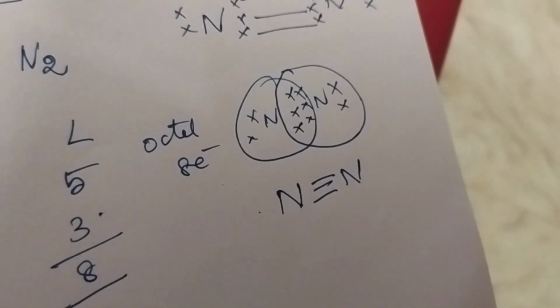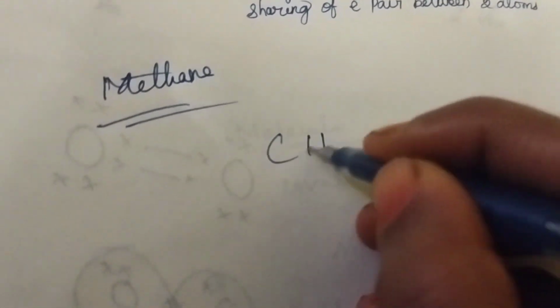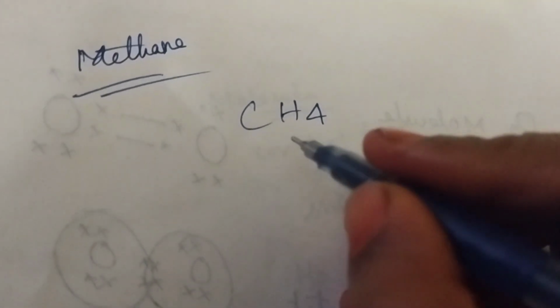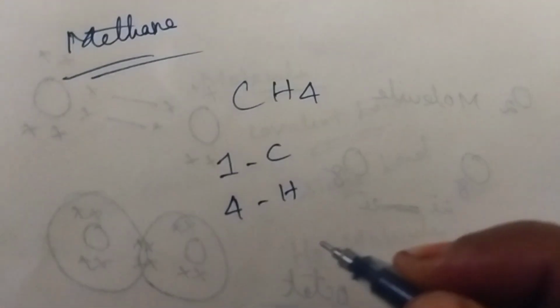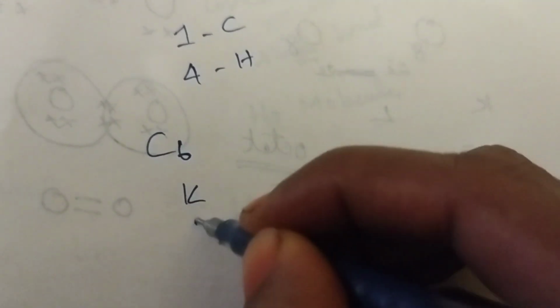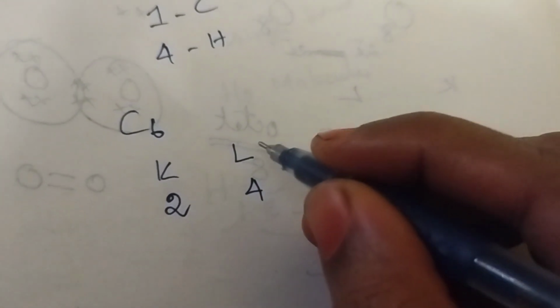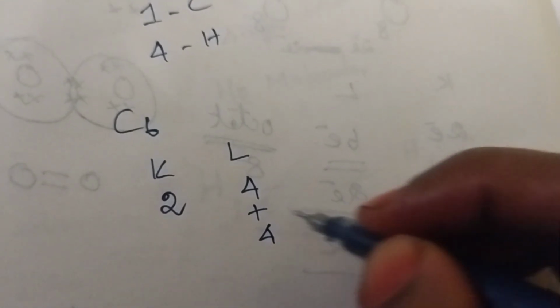Okay. Now methane formation. What is the formula for methane? CH4. So here 1 carbon and 4 hydrogen are going to join. 1 carbon and 4 hydrogen. So carbon, what is the atomic number? 6. We know the K shell contains 2 electrons and the L shell contains 4 electrons. To get an octet we have to add 4 electrons. Okay.